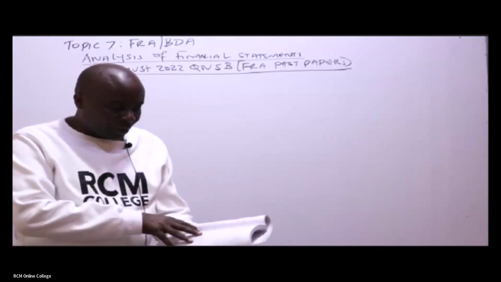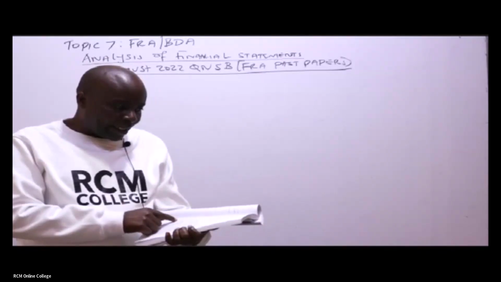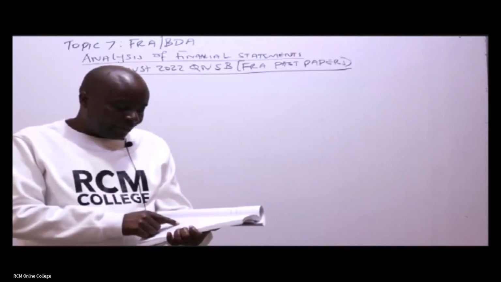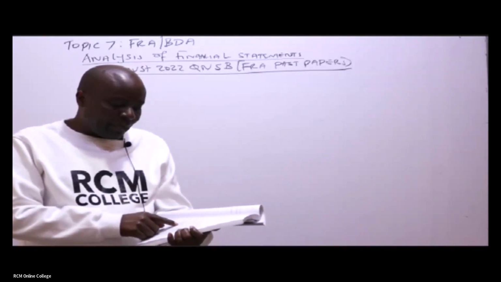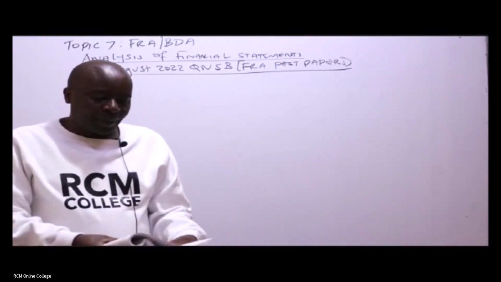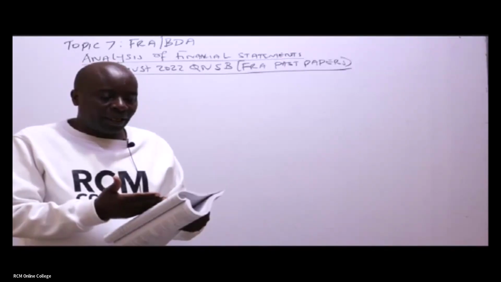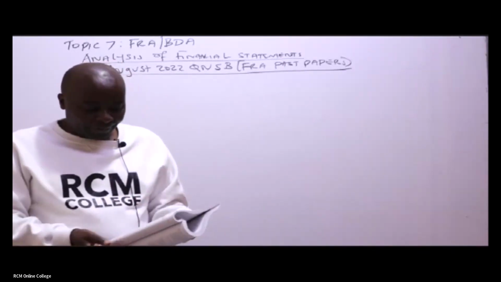Great. So you're told here, I can see the P and L for the two companies, Able and Cedar Limited. Then I can see the statement of financial position for the two companies again, Able and Cedar Limited.